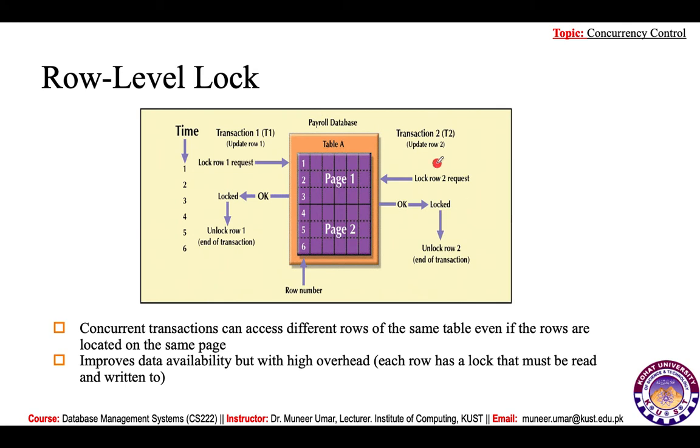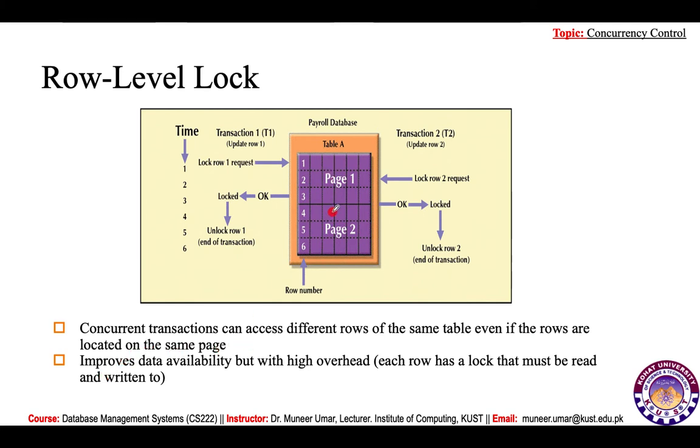After that we have row level lock. In row level lock, the rows inside tables are locked for transactions. Concurrent transactions can access different rows of the same table even if the rows are located on the same page.